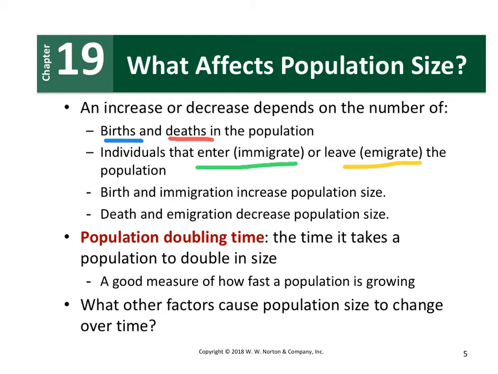Birth and immigration increase the population size. Death and emigration decrease the population size. Population doubling time, the time it takes a population to double in size, is a good measure of how fast the population is growing.